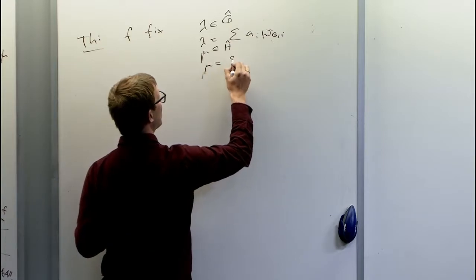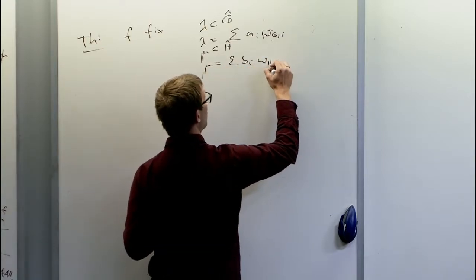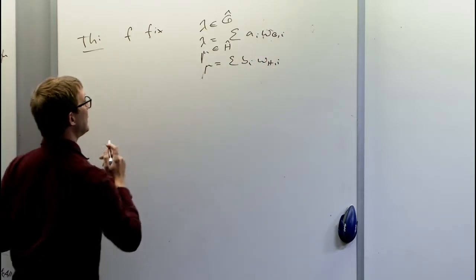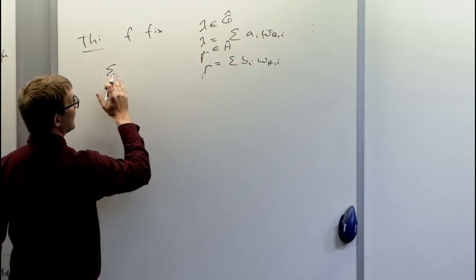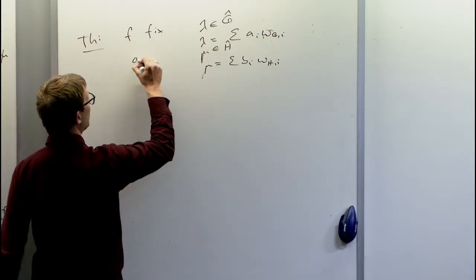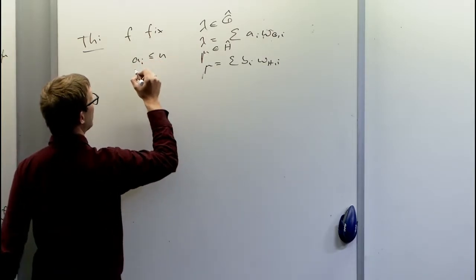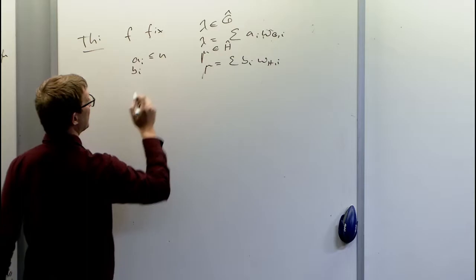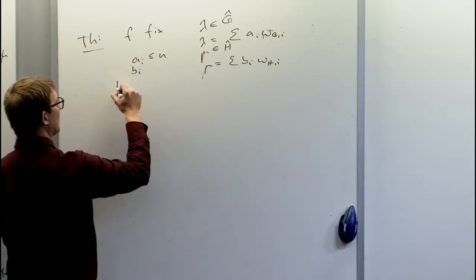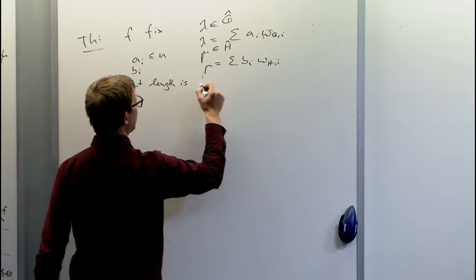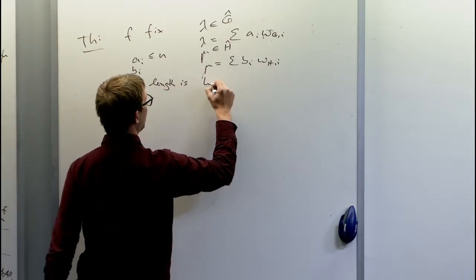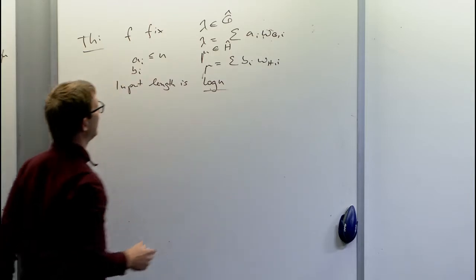Mu is also presented in terms of its fundamental weights, and then, if you assume all of the b_i and n_i are smaller than n, the input length in this problem is just order log n.